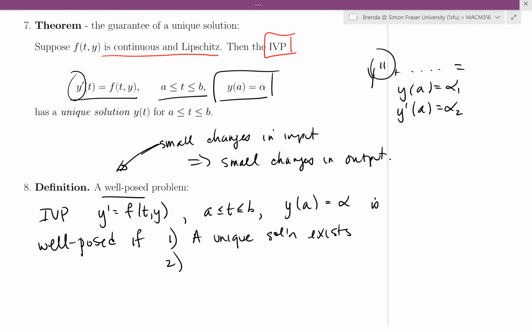And two, for any epsilon greater than 0, sufficiently small.